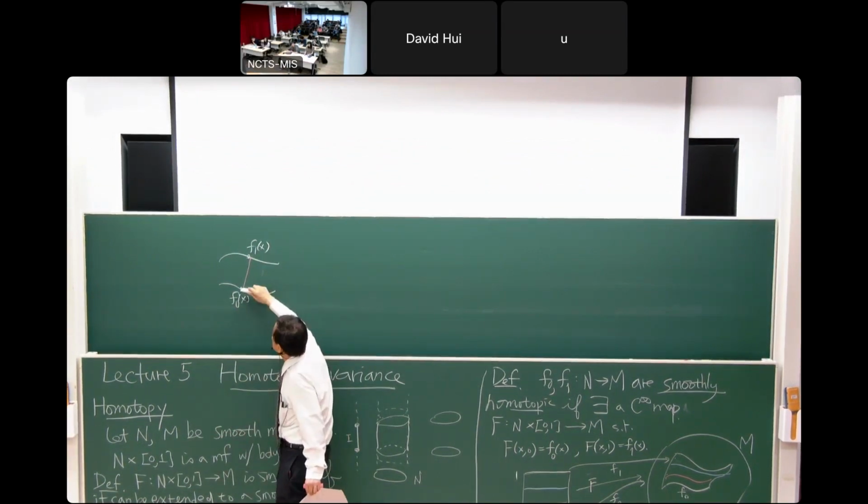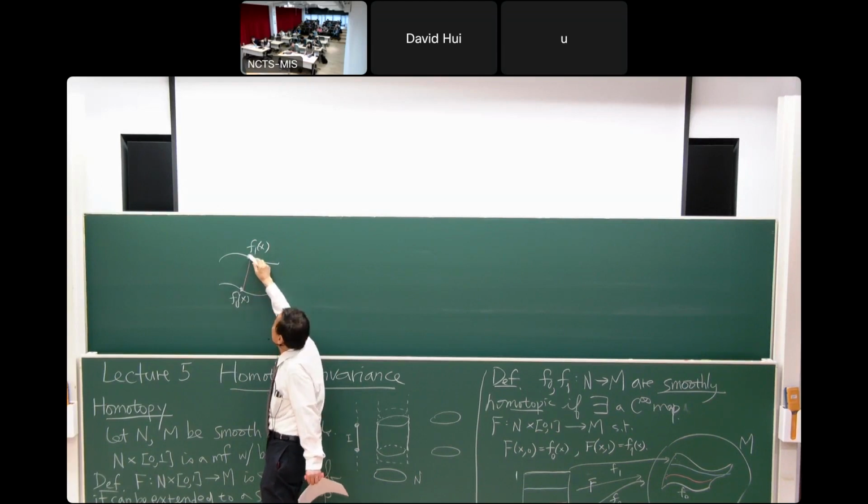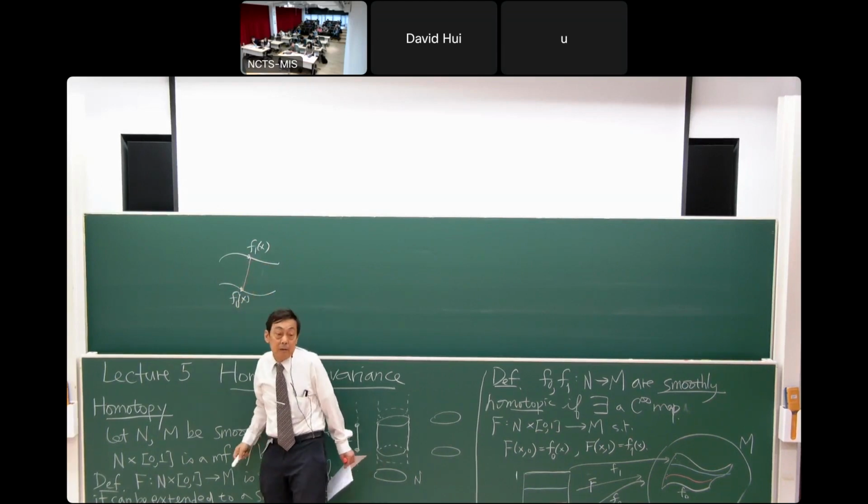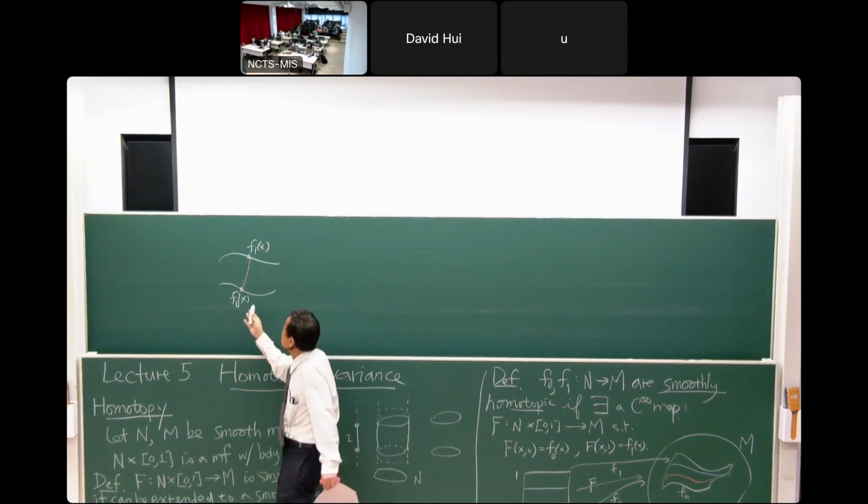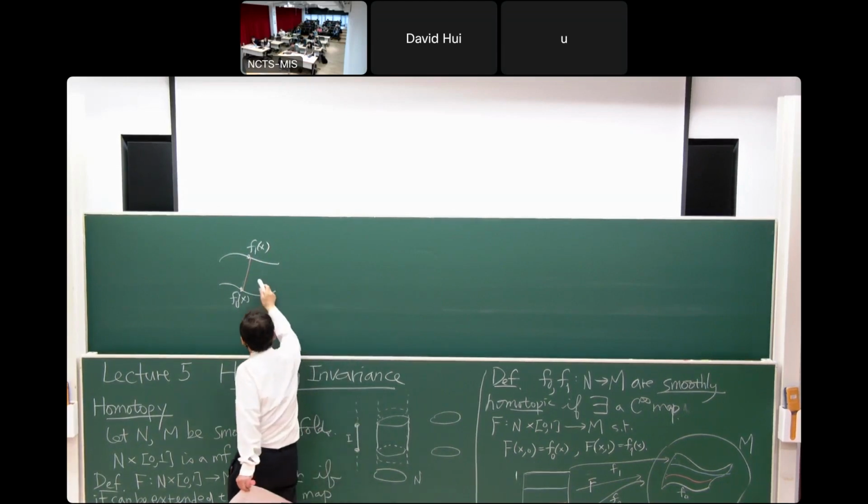So this point goes from here to here through time, and a straight line between two points is given by the convex combination.